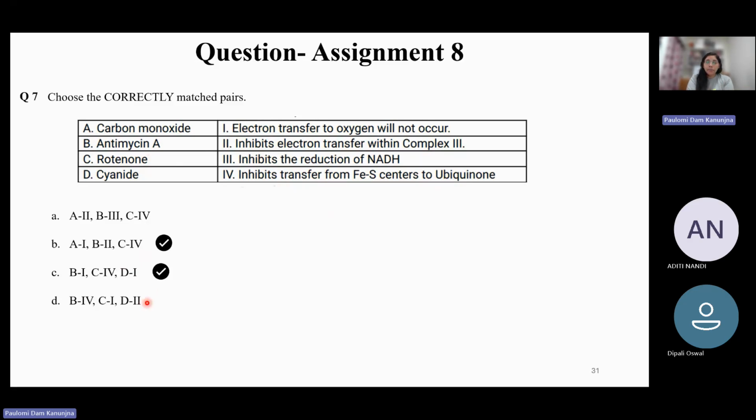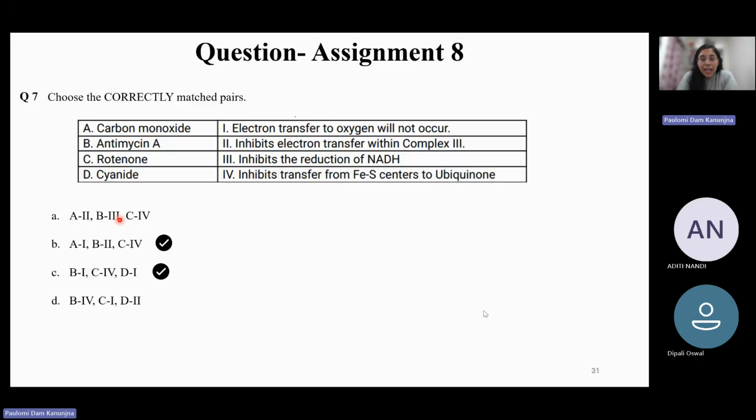Antimycin therefore also inhibits the electron transfer to oxygen. And cyanide, which is involved in the inhibition of electron transfer, overall electron transfer is again stopped. So you will see these two are correct options, and the others are incorrect.